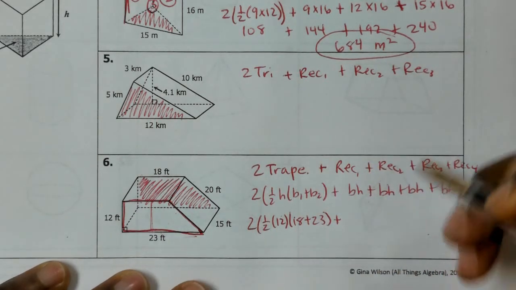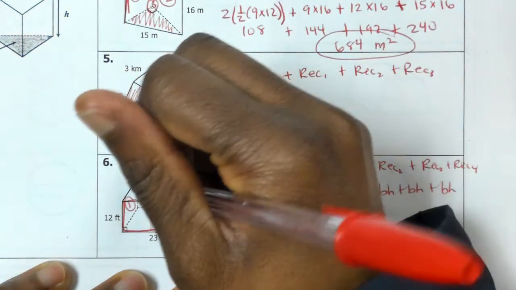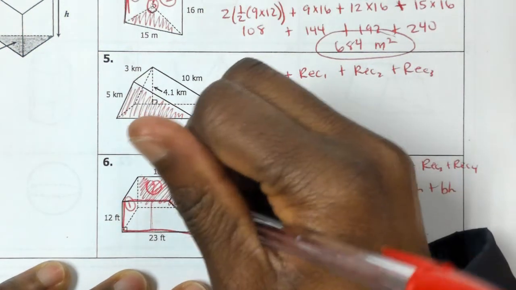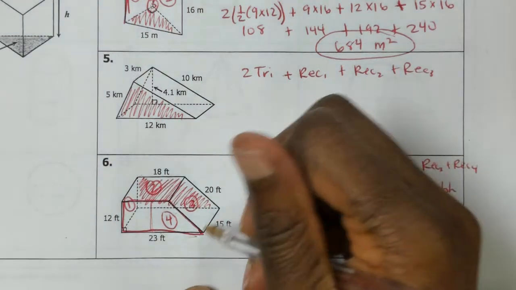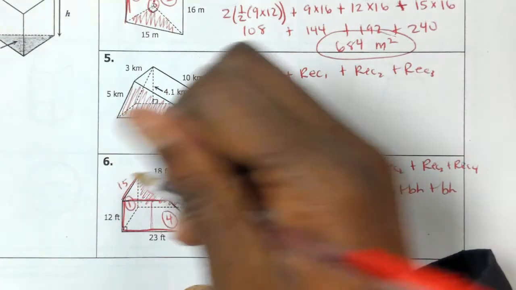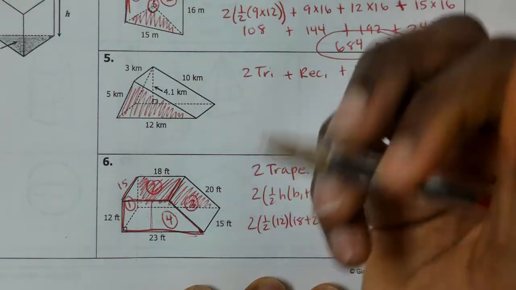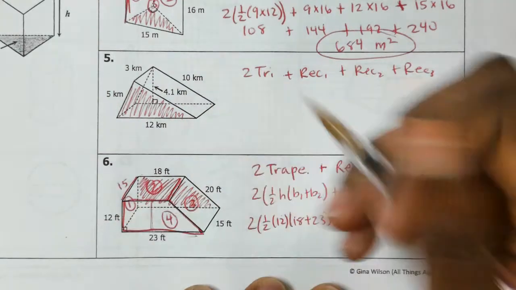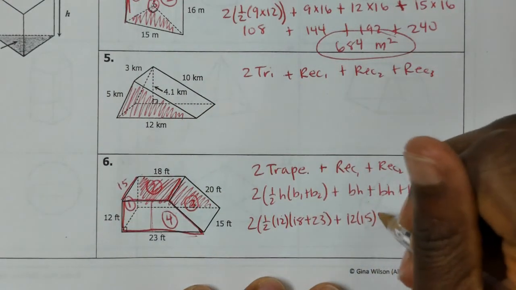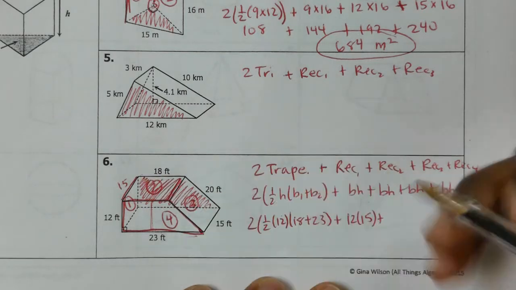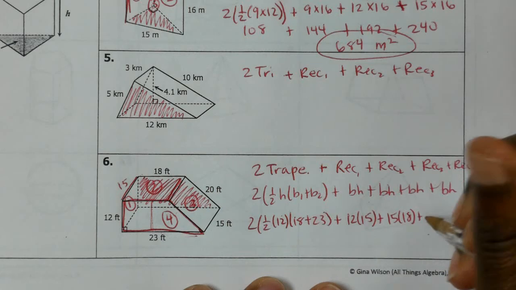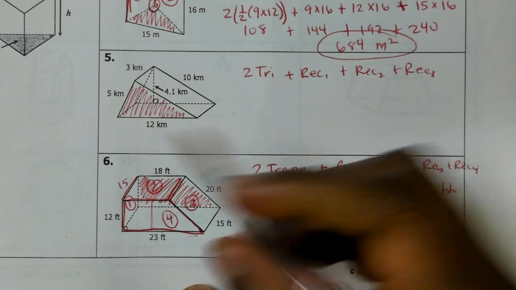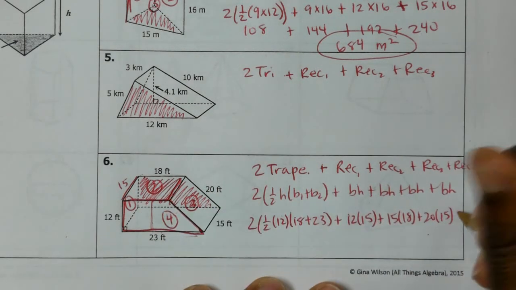And then we have the 4 rectangles. So this one I'll call 1, the top I'll call 2, 3 for this one, and then the bottom will be 4. They all have the same width of 15, so this is 15 on all of them. So really you're looking at the other dimensions. So it's 12 by 15, 15 by 18, 20 by 15, and then the bottom one is 23 by 15.